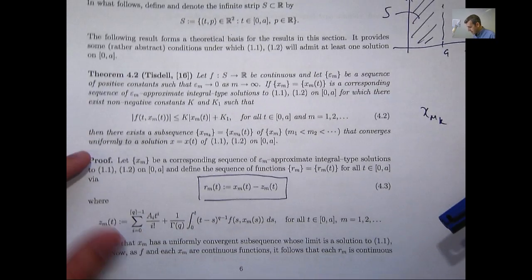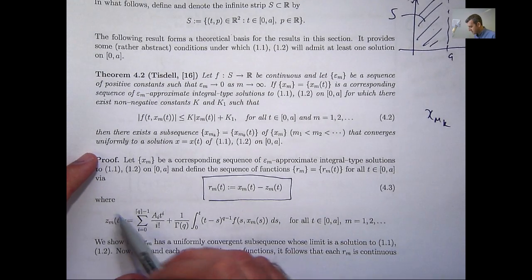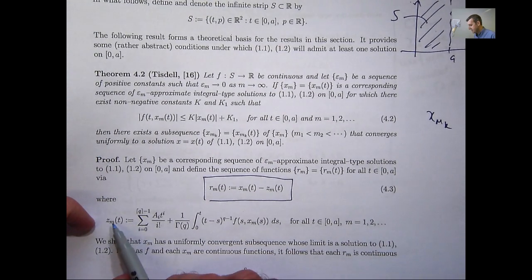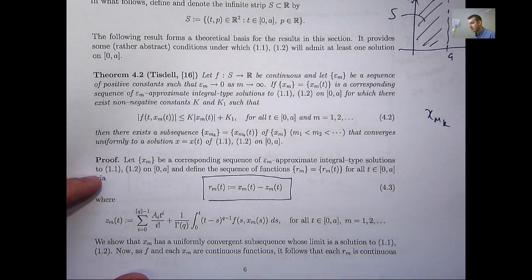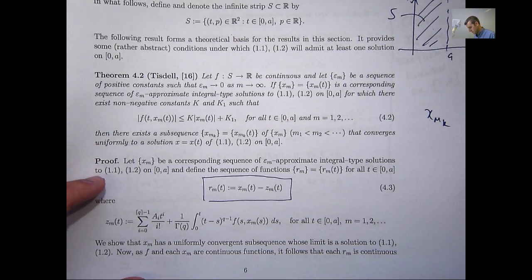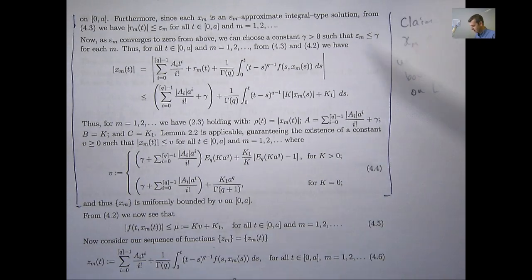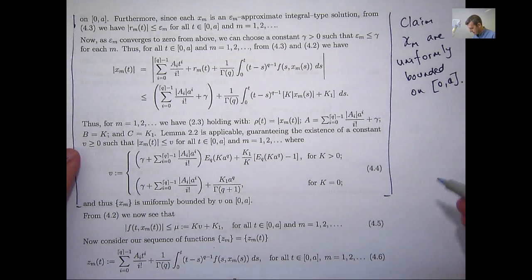Okay, so the next claim is to actually start working on this Z sub m. And essentially the claim is that this sequence of functions is uniformly bounded on our interval of interest and also uniformly equicontinuous. Okay, so I guess this is like another step now.